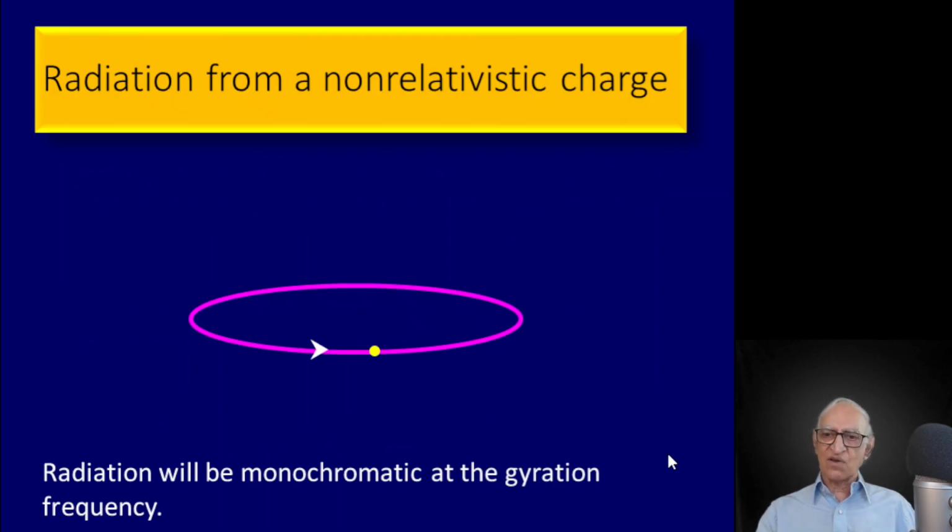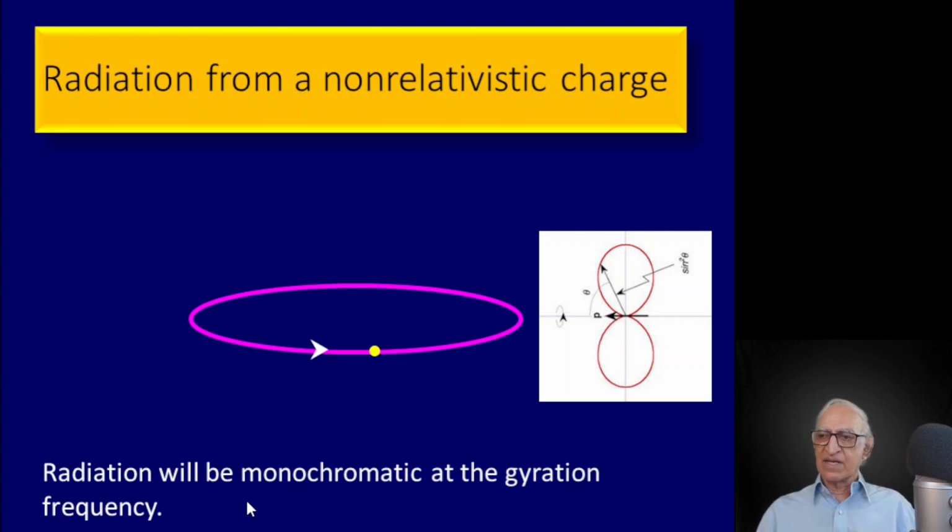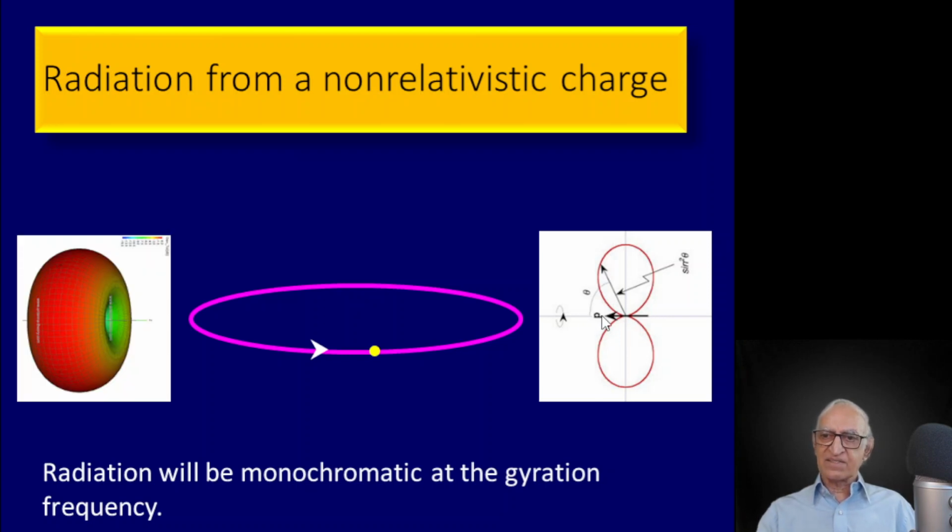If the charge is non-relativistic, the radiation will be monochromatic at the gyration frequency. And the radiation pattern will be dipolar, and there will be no radiation in the direction of acceleration, which is always directed towards the center of the circle.